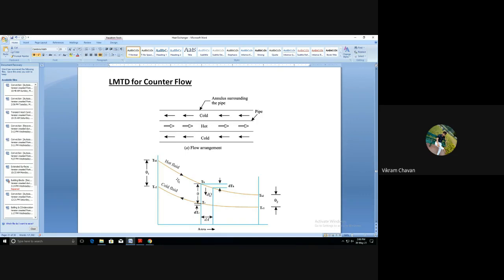Don't forget to show the arrows. These arrows are most important in this particular diagram. And provide proper nomenclature.